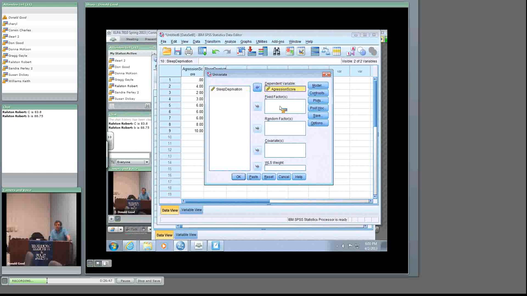A grouping variable is also synonymous for those purposes with independent variable. So fixed factor, again, I don't know why they don't just say independent variable, and we just have one of them. So in this case, that's our sleep deprivation. Again, with the dependent variable being the easiest one to identify anyway, it's the other one.